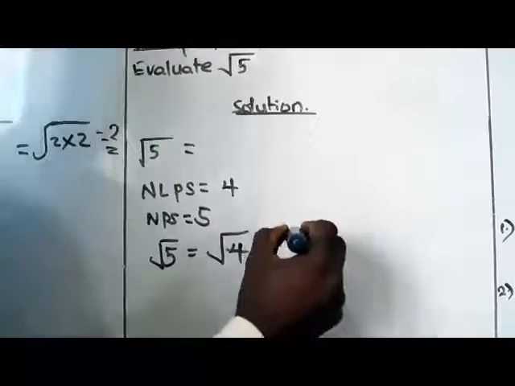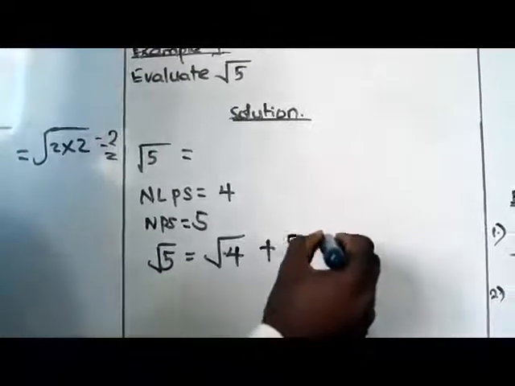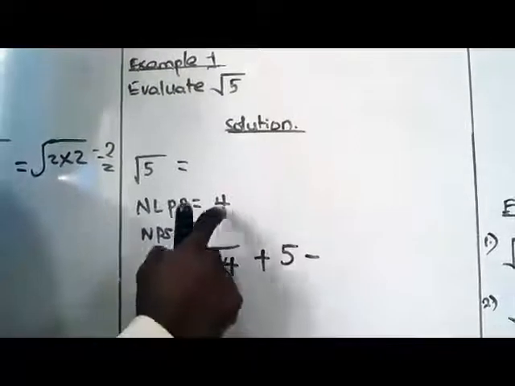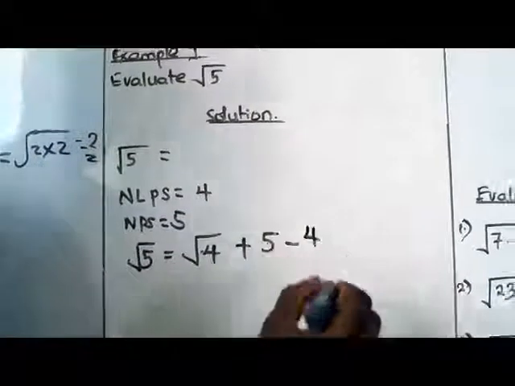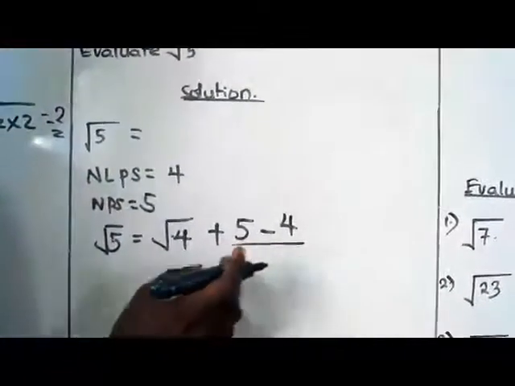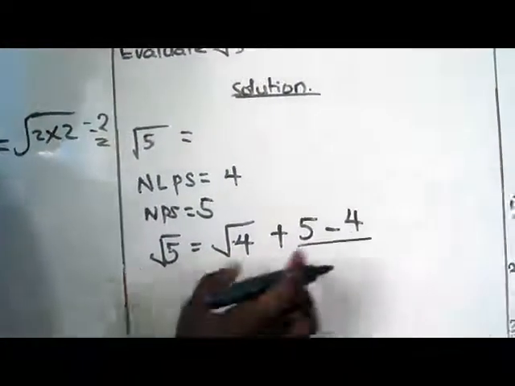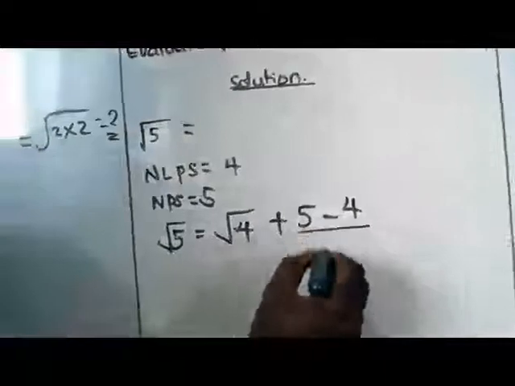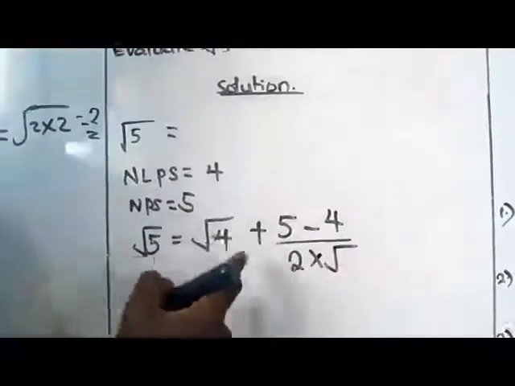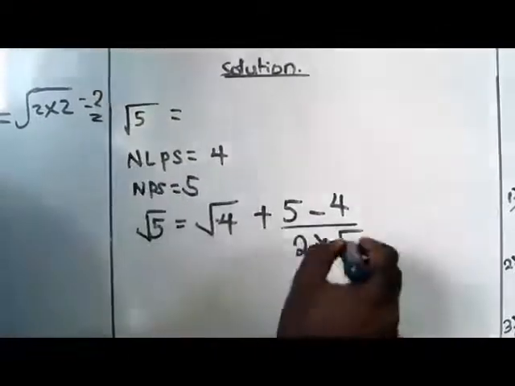That's the 5. Minus the next lower perfect square, we got it previously. I told you that's 4. Then we are dividing this part. Please be careful. This line of division does not cut across 4. It ends here. So we are divided by 2 multiplied by the square root of the next lower perfect square, which is 4.